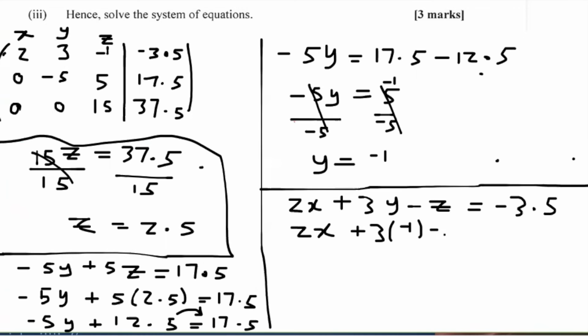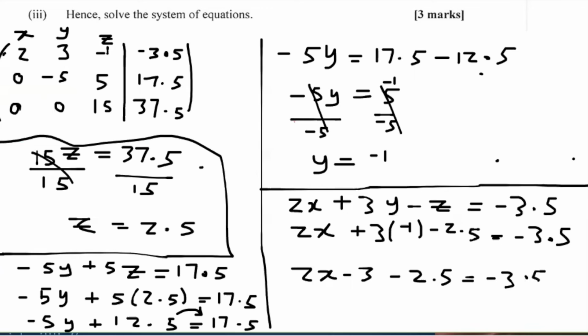So I replace the value right here. Now it's just to make x a subject, so I will be simplifying. So 3 times negative 1, that's minus 3. So I go ahead, write my minus 3 minus 2.5 equal negative 3.5. Minus 3 minus 2.5, that's negative 5.5.